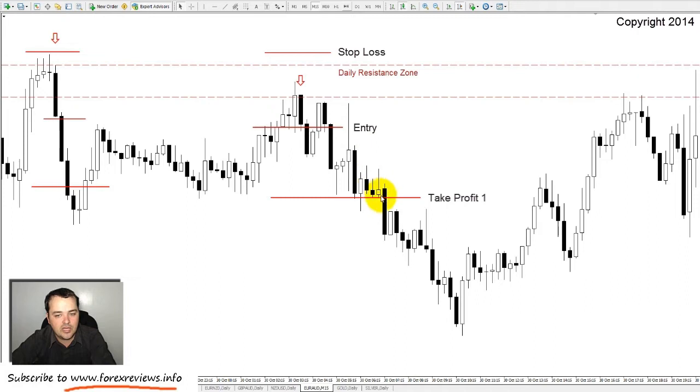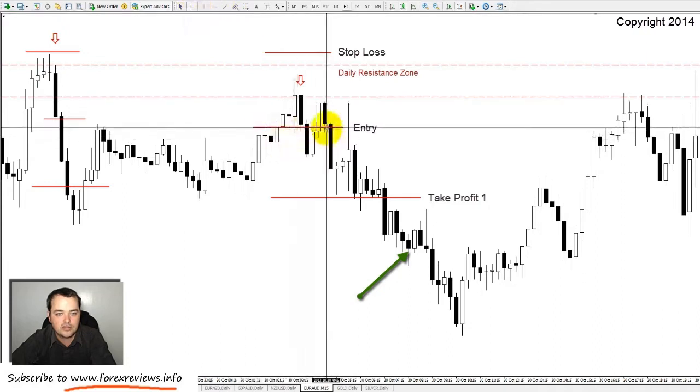You allow the other trade to run until you get an opposing candle where you believe you should be getting out. In this case, price came down here, and we got an opposing bullish engulfing candle. Price went higher, so you would exit about here. So this is basically a 1.5 risk to reward on the second position. You got 1.5 times the risk, taking it down to here.